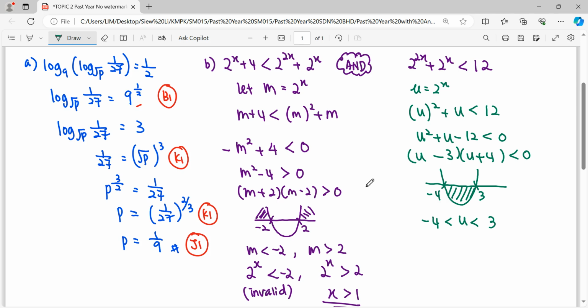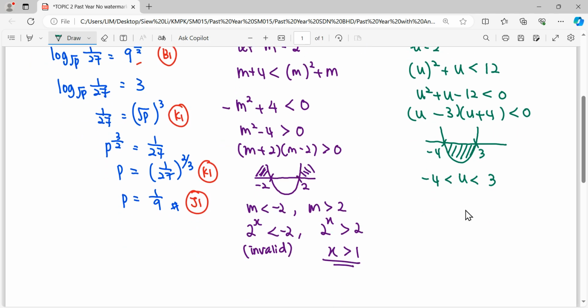Then when we substitute back our u as 2^x, to simplify this to get x, we understand that this means 2^x is less than 3 and 2^x is more than negative 4.